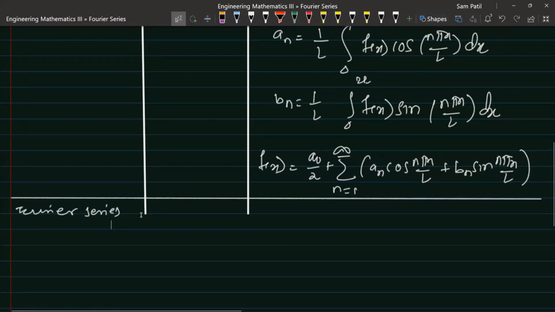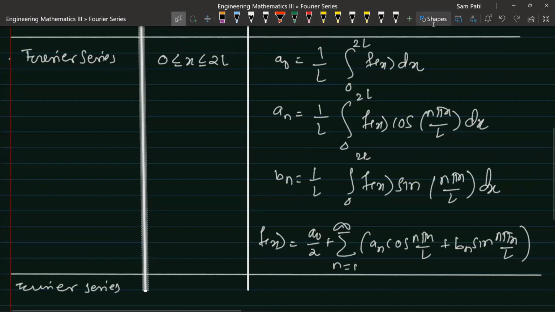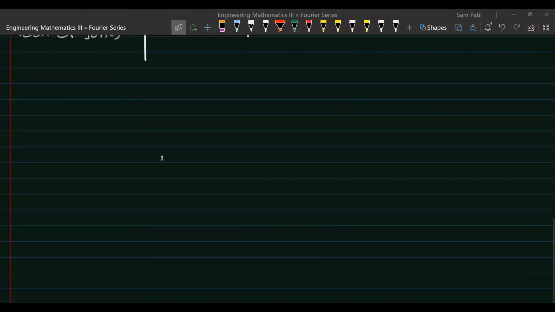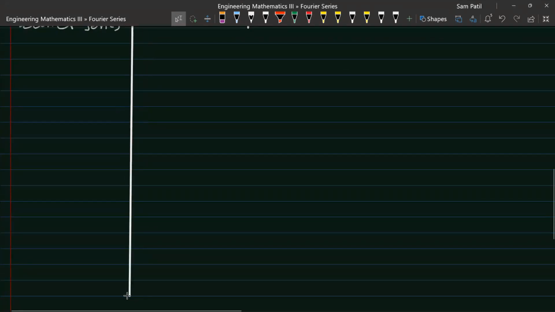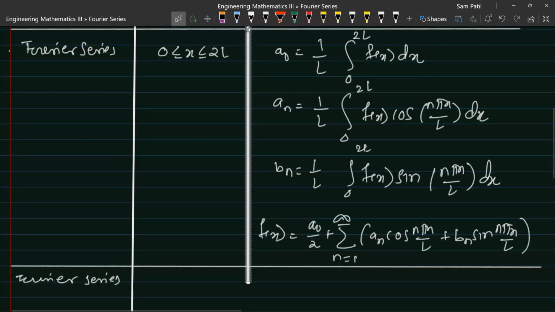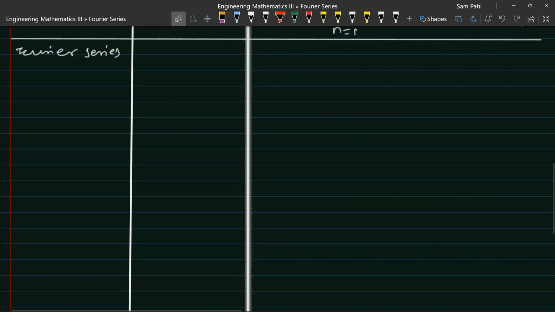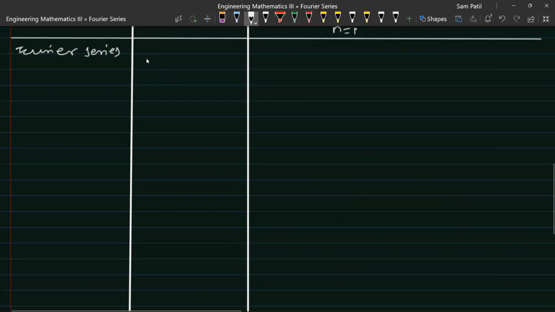Suppose I change the interval from minus L to L, then what happens?